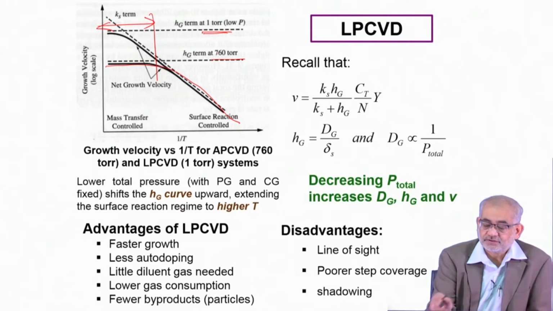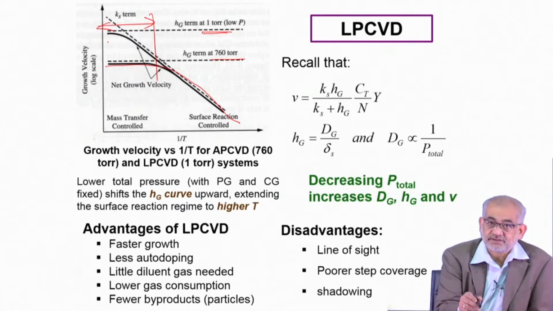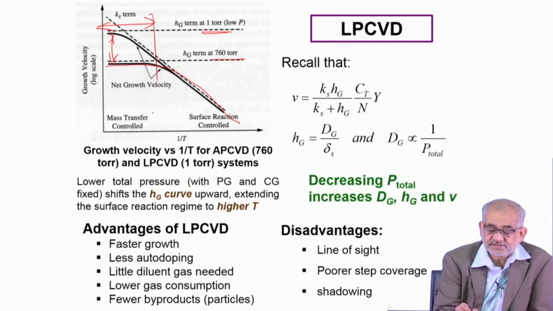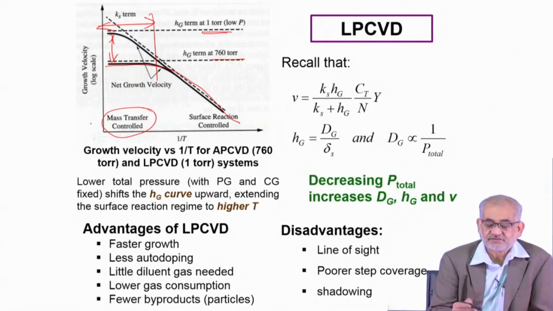In case of low pressure plasma, the reactivity is higher, the transport rate is higher. As a result, the velocity also will be higher. So you have a fair amount of higher velocity at high temperature region. This region is important because this is where the reaction is mass transfer controlled.